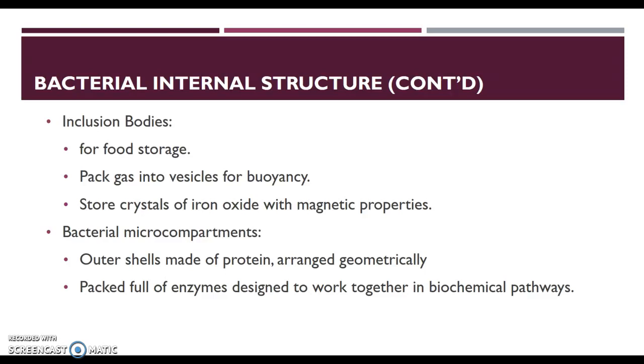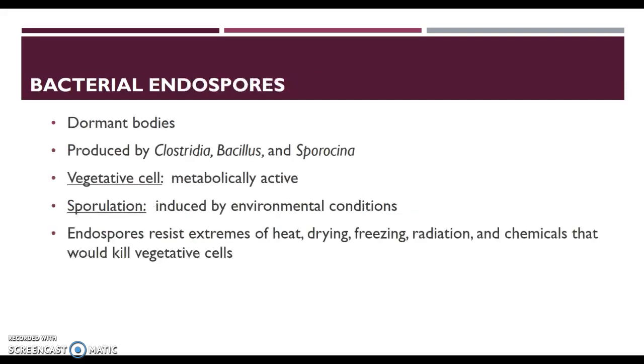They can also store crystals of iron oxide that provide the organism with some magnetic properties. There are also things like microcompartments that contain enzymes that are designed to work in some of the biochemical pathways within the cytoplasm of the bacteria.